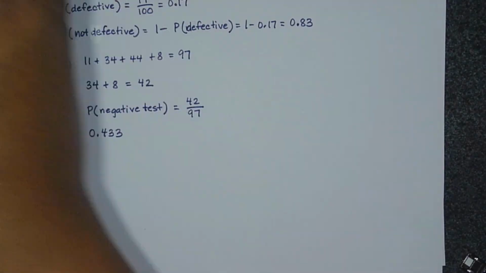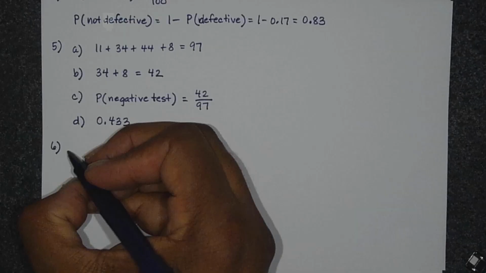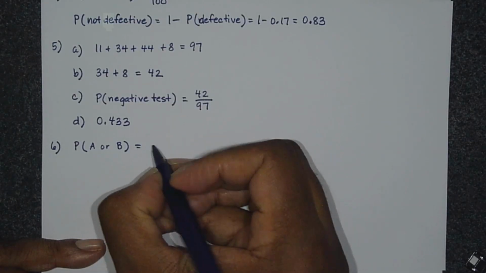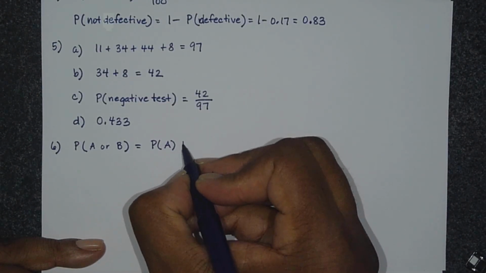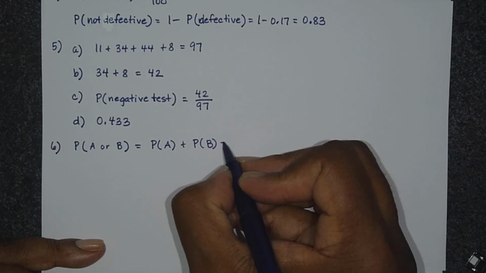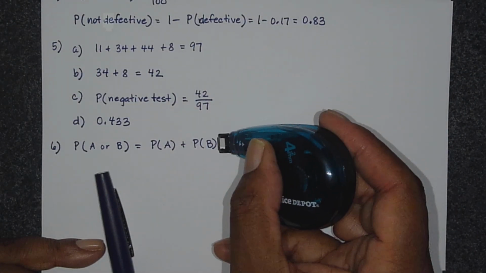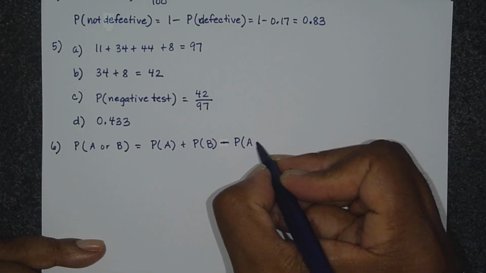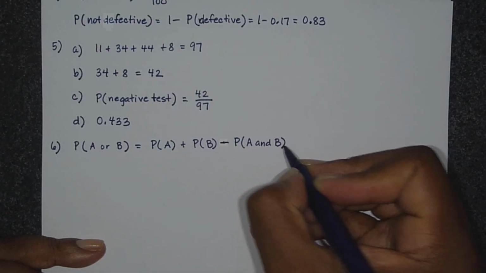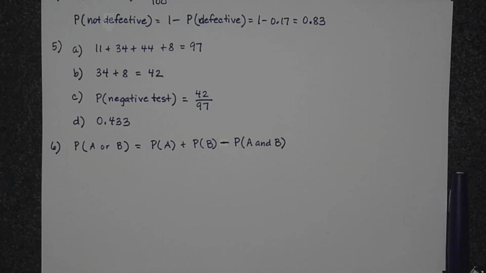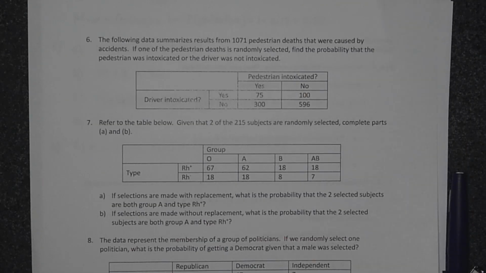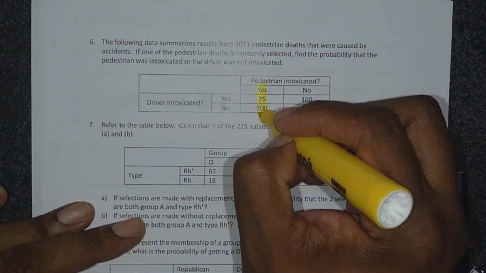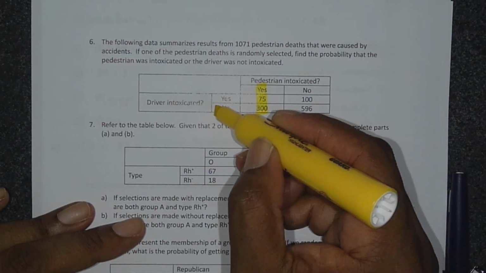Okay, so in this case here, we have to use the fact that we have the probability of A or B, which is the probability of A plus the probability of B. And if there is an intersection of the two, or if there's something in common for both A and B, we have to subtract off what's common in A and B. So if you look at this, we're dealing with the probability that the pedestrian was intoxicated, so that will be this column here, or the driver was not intoxicated.